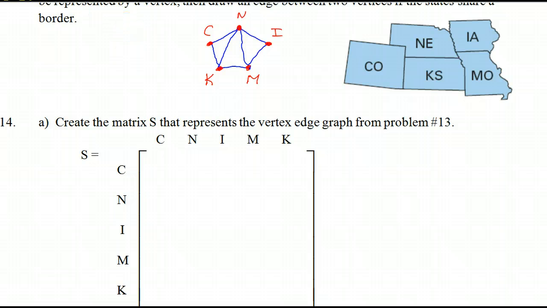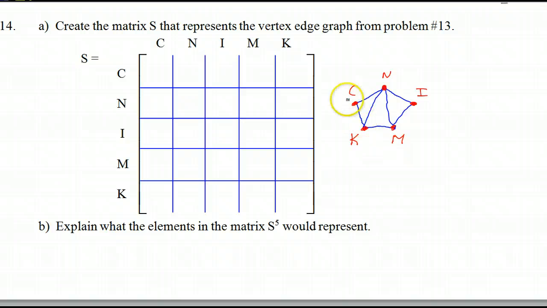It makes me feel better if I draw the lines, so I'm going to do that. I went ahead and copied the vertex edge graph down here so I wouldn't have to scroll back and forth. Now it's time to put in the numbers reflecting connections, shared borders between these states.